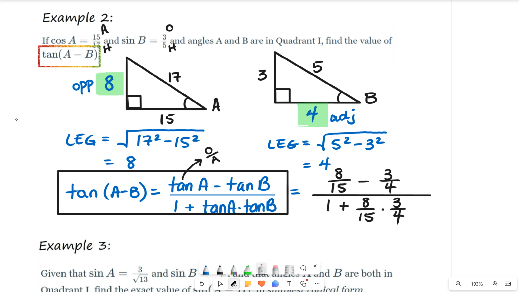Type all that out and make sure that you are comfortable typing these stacked fractions within a fraction, and you will have the final answer end up being -13 over 84 for this particular problem.